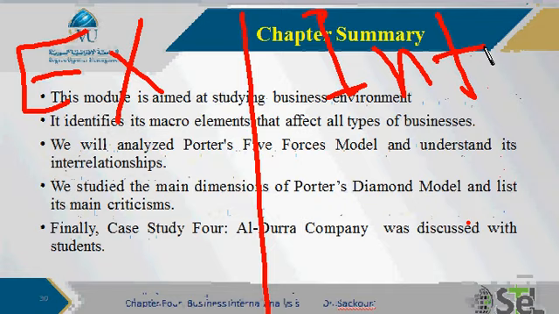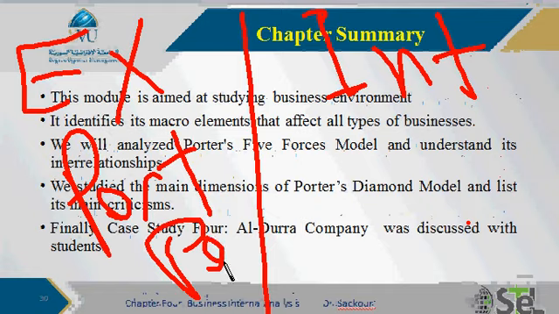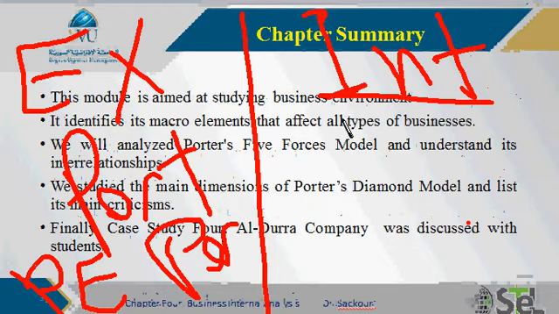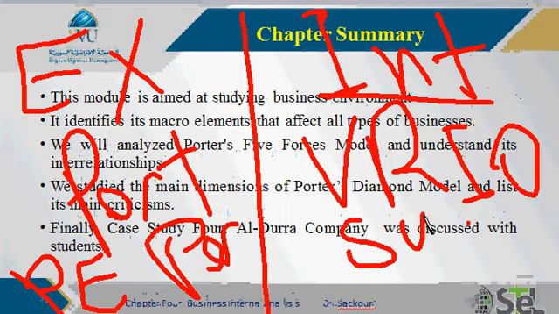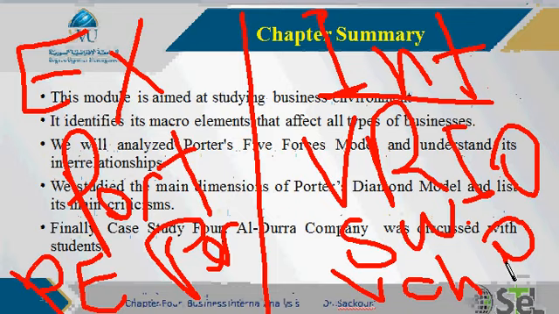For the external environment, we talked about Porter's Five Forces, Porter's Diamond, and PESTEL analysis. Don't forget PESTEL analysis, right? In terms of the internal environment, we talked about value analysis, SWOT analysis, value chain analysis, and we discussed Al-Durra company.